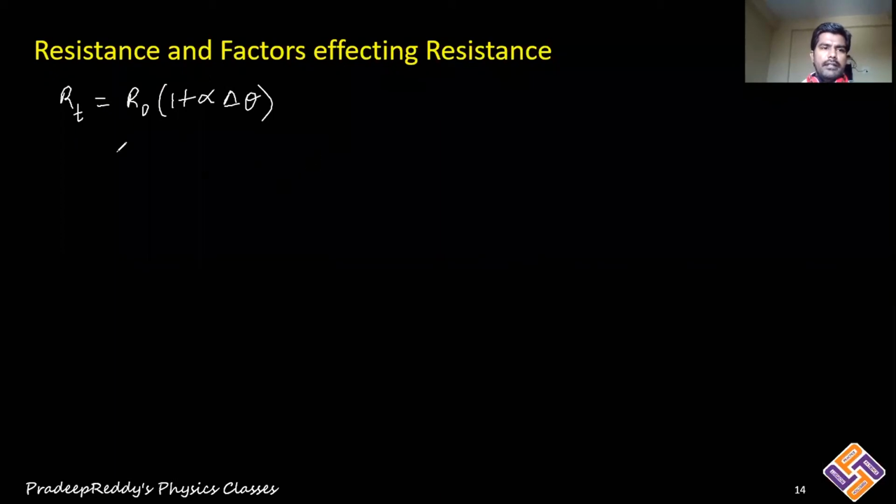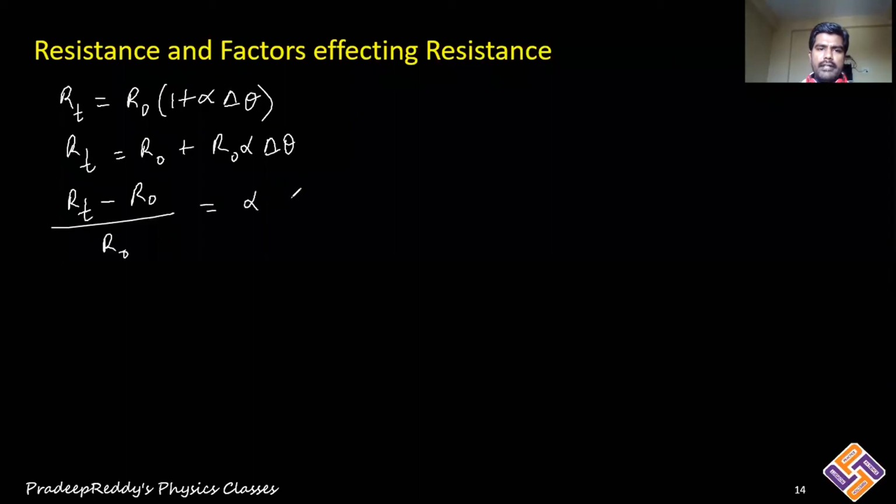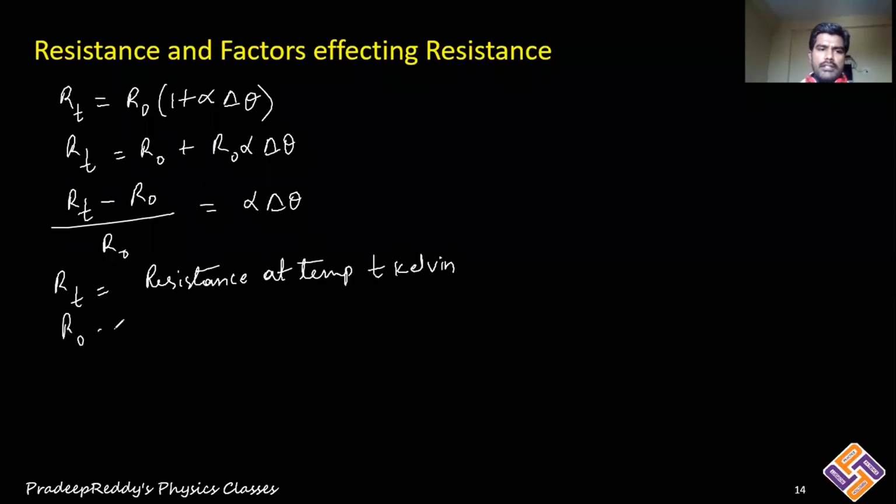You can write R_T is equal to R naught plus R naught alpha into delta theta. So R_T minus R naught divided by R naught is equal to alpha into delta theta. Where R_T is equal to resistance at temperature T Kelvin, R naught is equal to resistance at temperature 0 Kelvin.